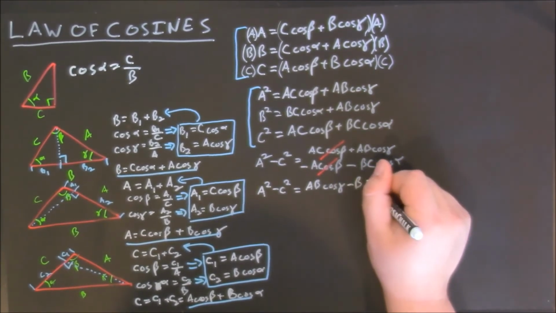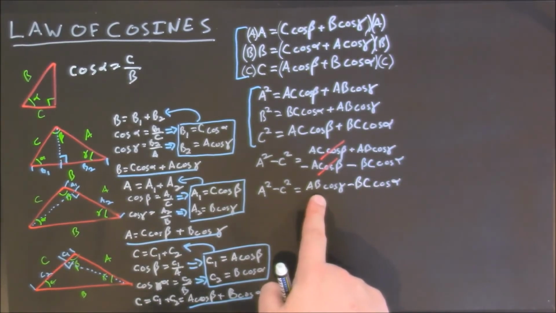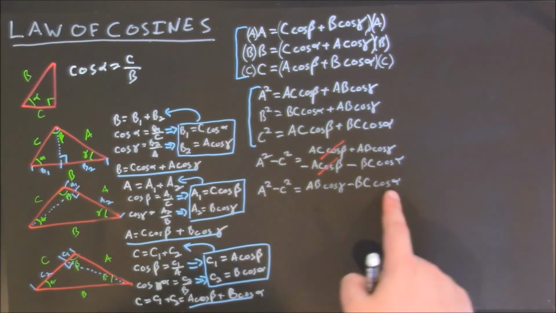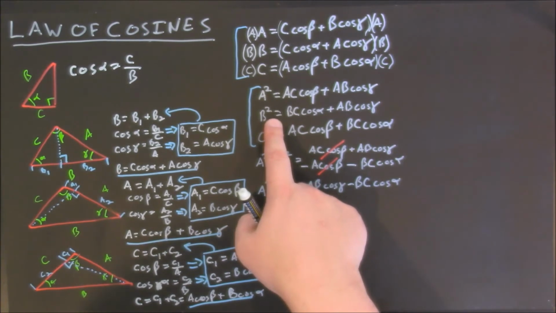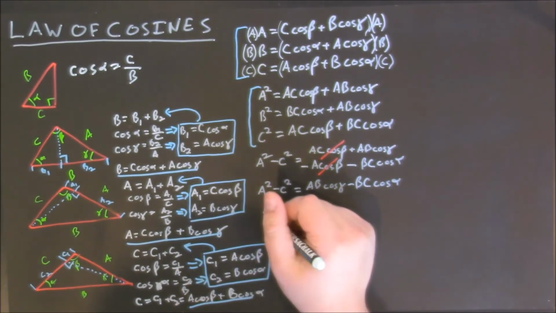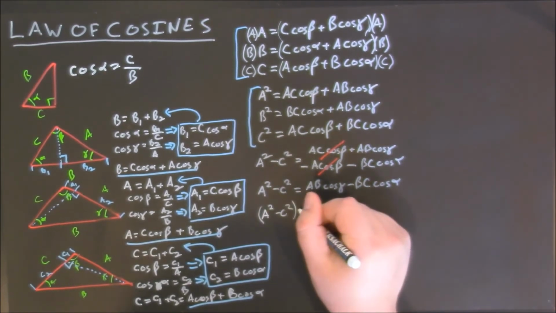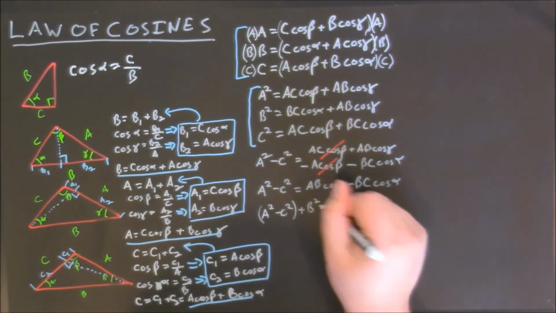Now it doesn't look like we've gotten very far here, but if you look closely, AB cosine gamma and BC cosine alpha are the same terms we have in the B squared equation. So now let's take one more step. We take this equation that we had before, and we're going to add B squared. So what does this look like?